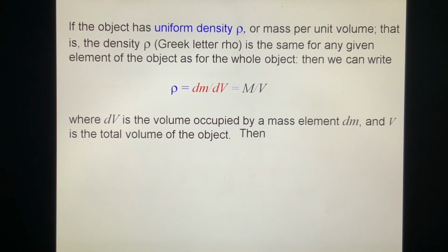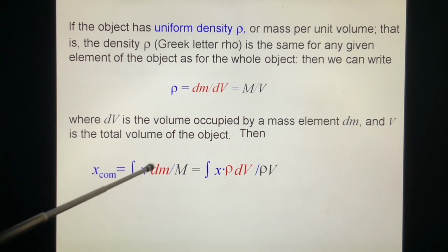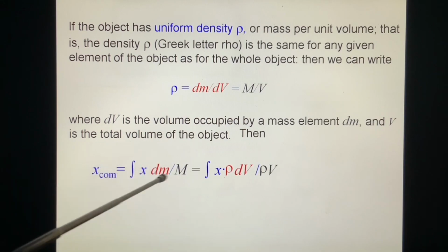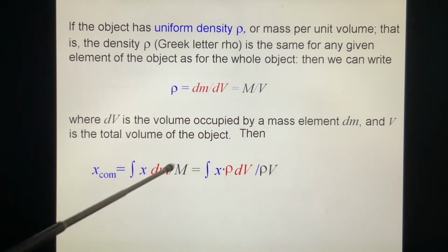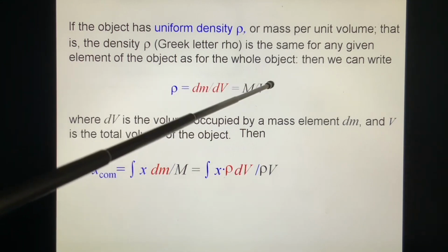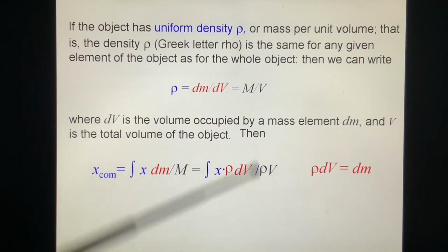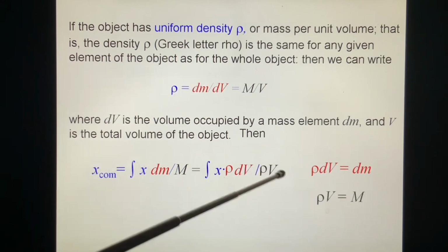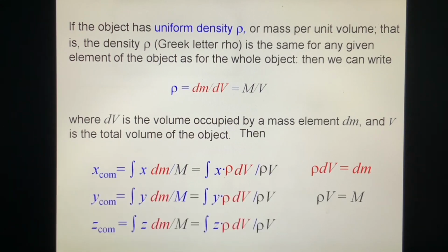Then we can write, by definition, x com equal to the integration of x dm over M. This dm is rho dv, and this big M is rho V. Where rho dv is the dm, and rho V is the big M. Also, the same for y com and z com.